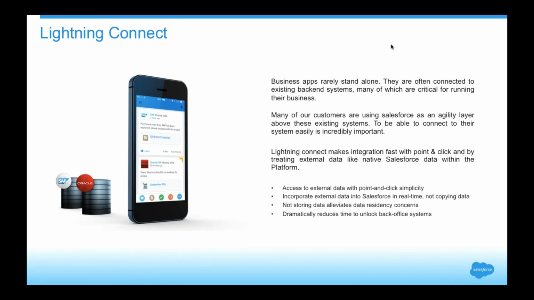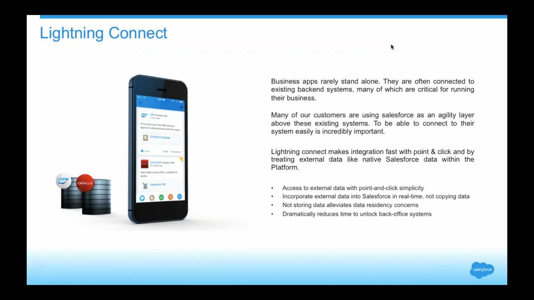So Lightning Connect, I'm pretty sure a lot of you are familiar, you can use external data and connect to your external data. You can incorporate external data into Salesforce in real time and not go through Canvas and all that stuff.